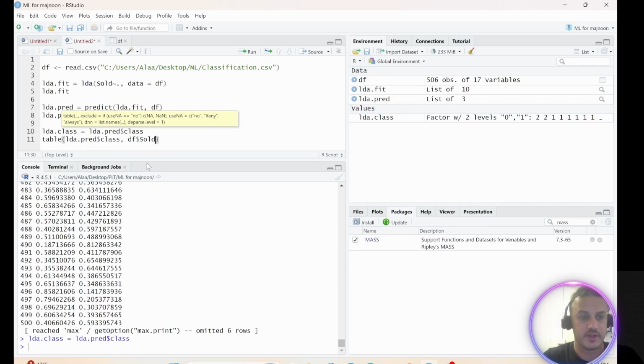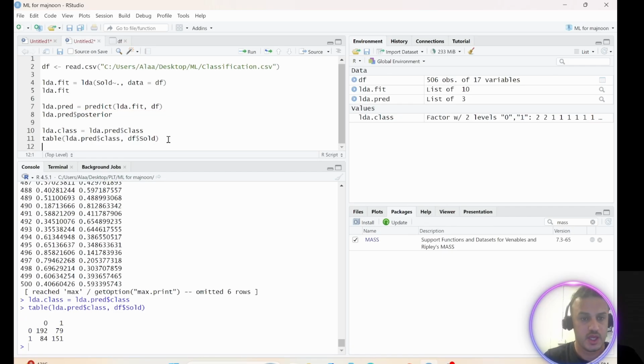Let me check the predicted data with my actual data. So it predicts 0 where my actual data is 0, that is 192, and it predicts 0 while my actual data is 1, that is 75. You can compare with the logistic regression, see which gives you the minimum error, and choose between them.